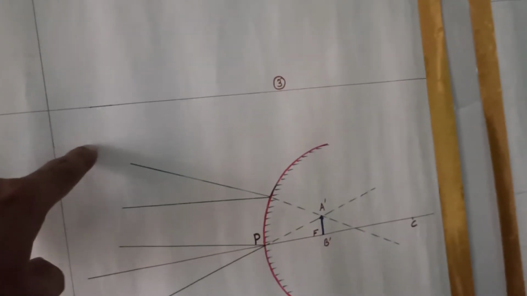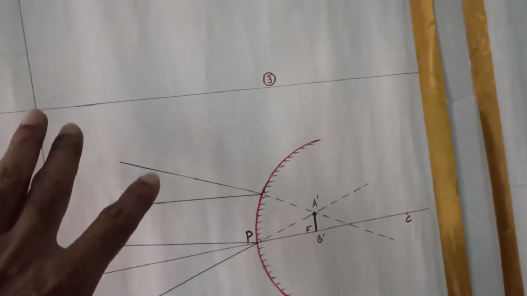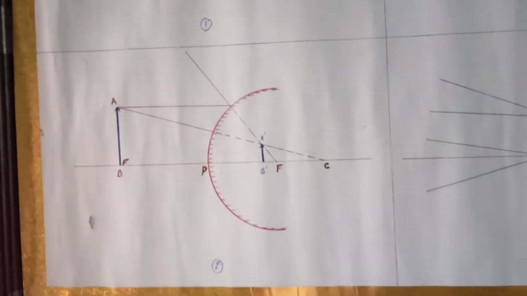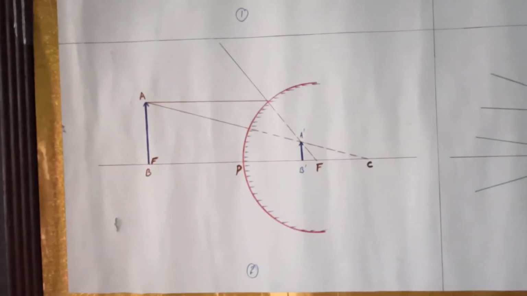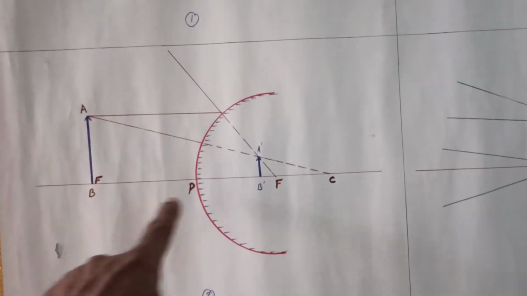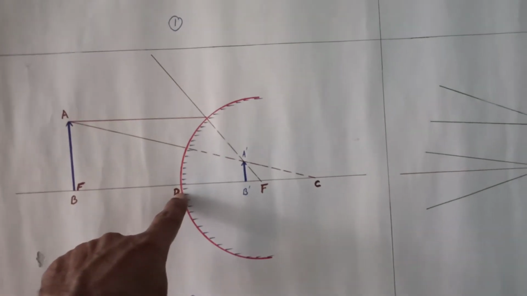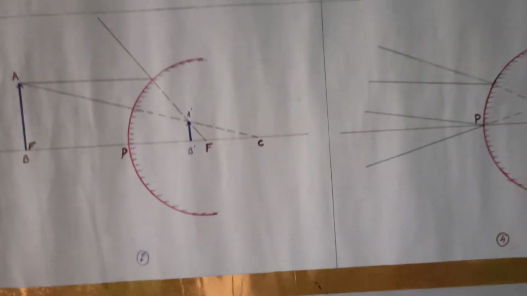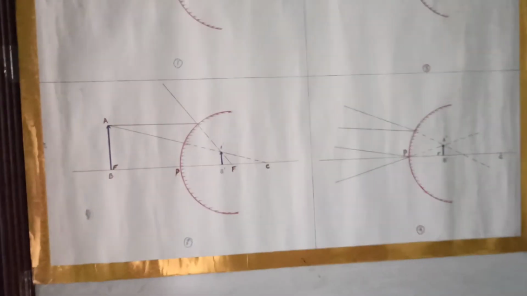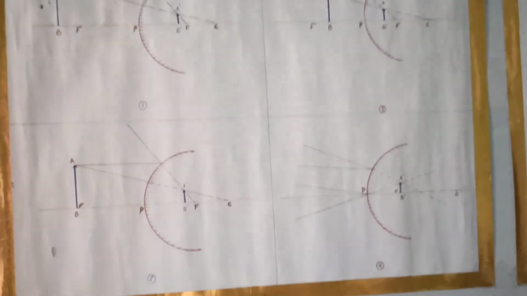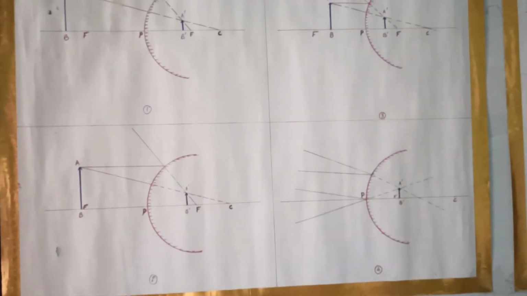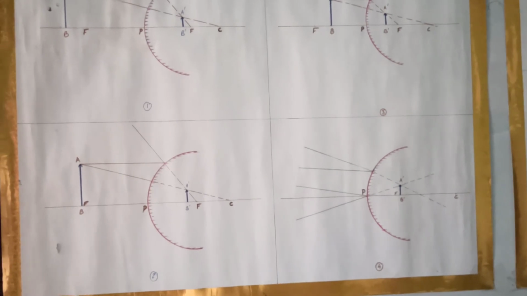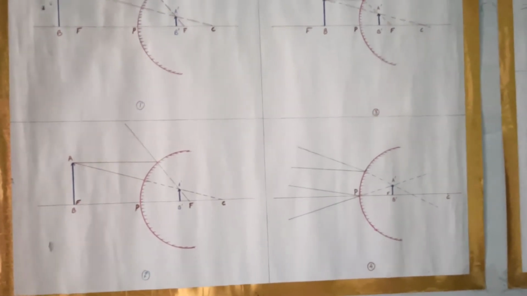At point 1, the object is at infinity, and in the second point the object is between infinity and the pole, and hence the image so formed is formed behind the mirror. So this is all about the convex mirror, the nature and size of the image formed by a convex mirror.